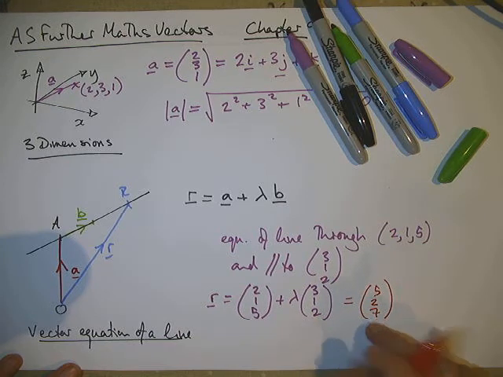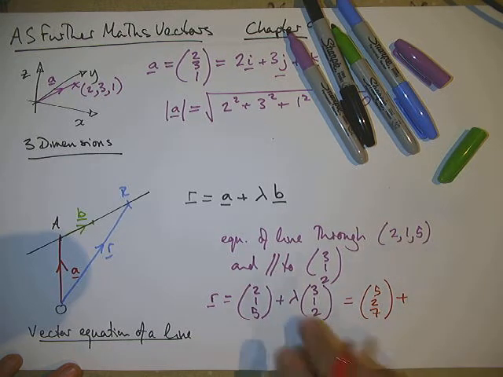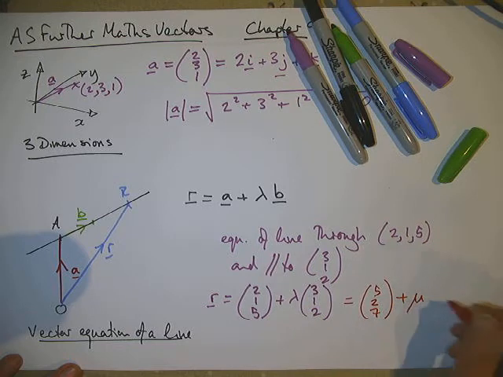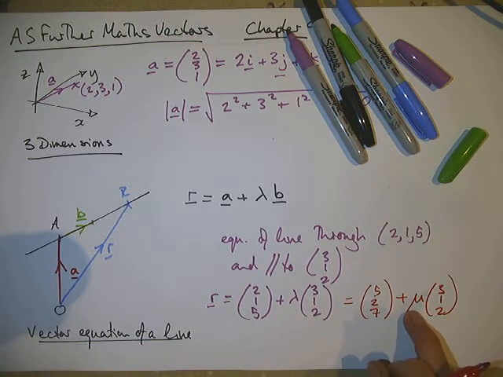That's another point on the line. I'm going to use a different scalar as a multiplier, but that and that are both equations of the same line in vector form. And there's some nice work in the book talking about the three-dimensional work and the two-dimensional work.